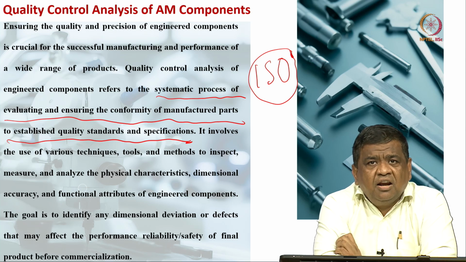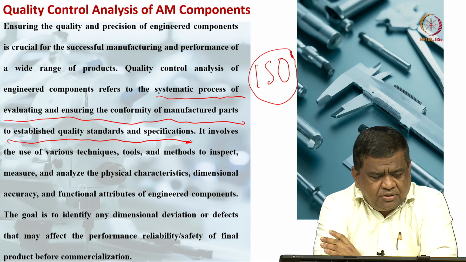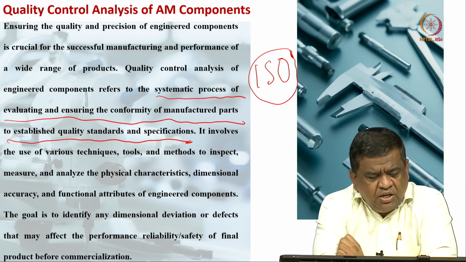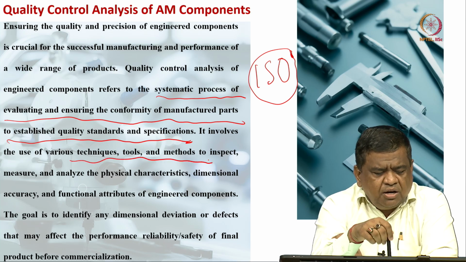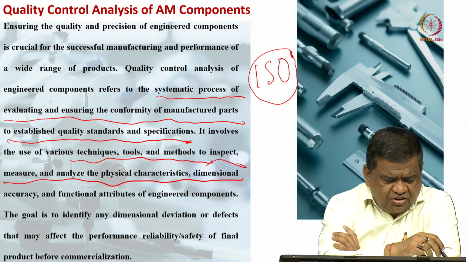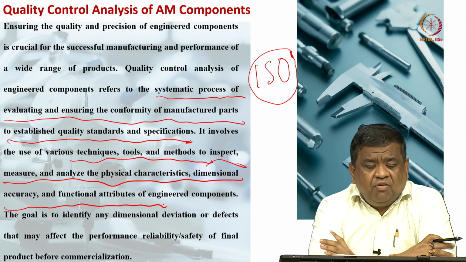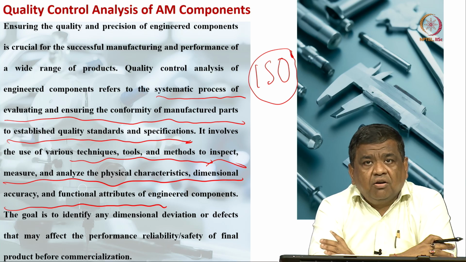Some of the generic guidelines are used for several different types of applications. It involves the use of various techniques, tools and methods to inspect, measure and analyze the physical characteristics, dimensional accuracy and functional attributes of the engineered components, right.